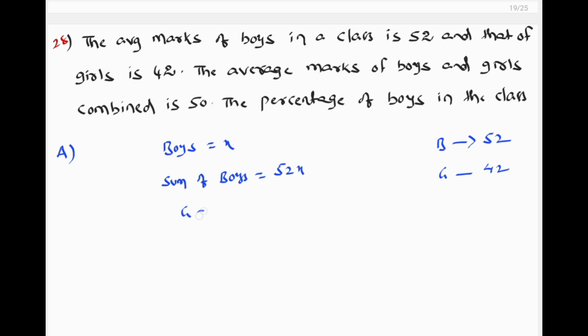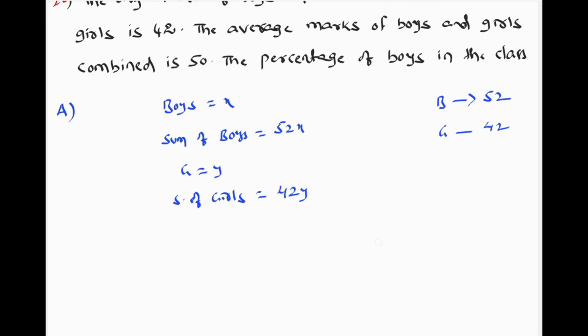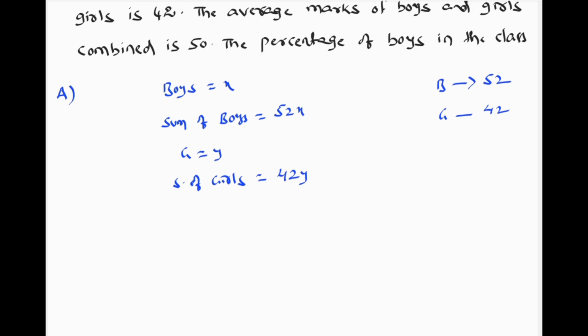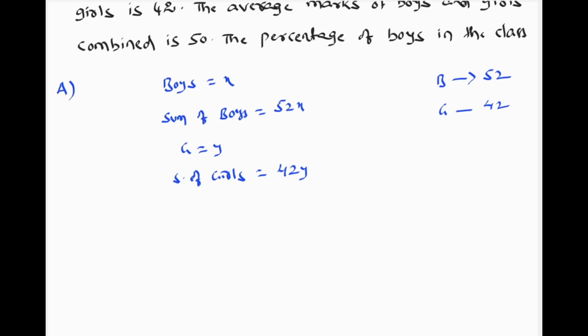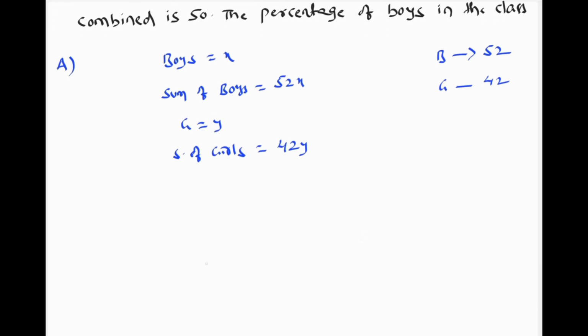Now the number of girls will be y. The sum of the marks of girls, with average 42, is therefore 42y. Now the average marks of boys and girls combined will be 50. We can solve it by the simple formula.